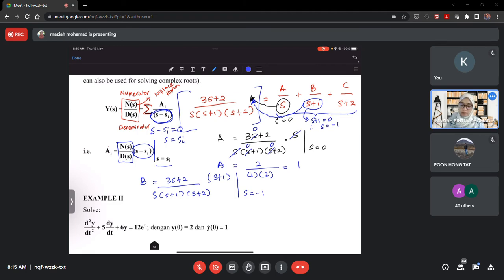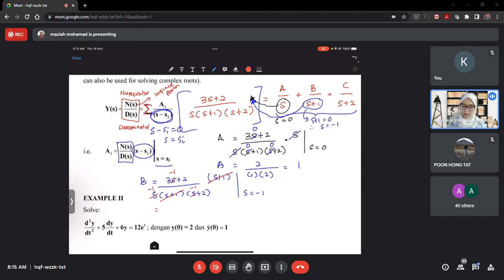Okay, so similar step, we're going to cancel. This part will be cancelled with s plus 1. And then we're going to replace this to be minus 1. This one will become minus 1, this one will become minus 1.